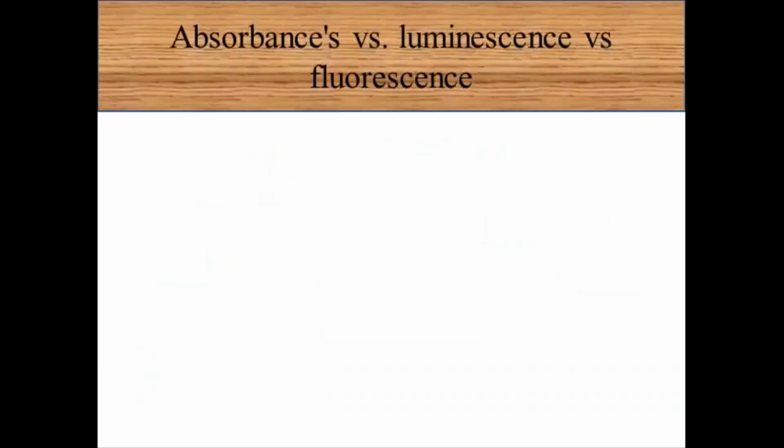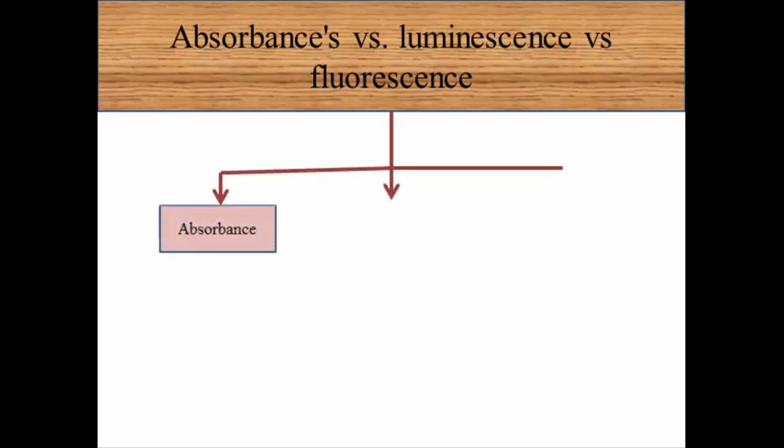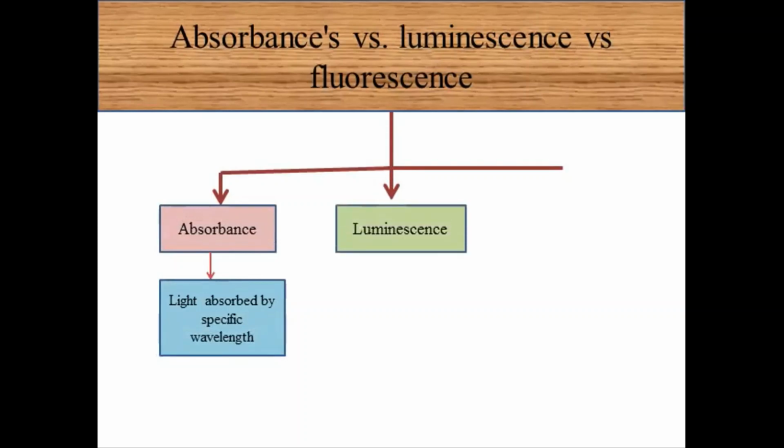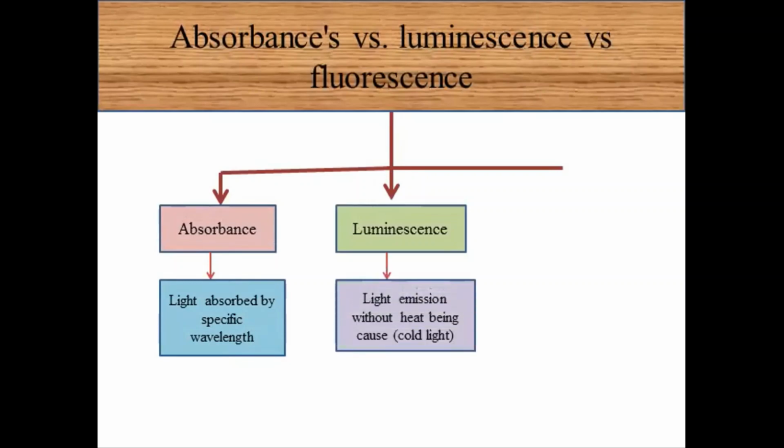Next, we will see the difference between absorbance, luminescence, and fluorescence. What is absorbance? Light absorbed at a specific wavelength. Luminescence: light emitted by a substance not resulting from heat is called luminescence.